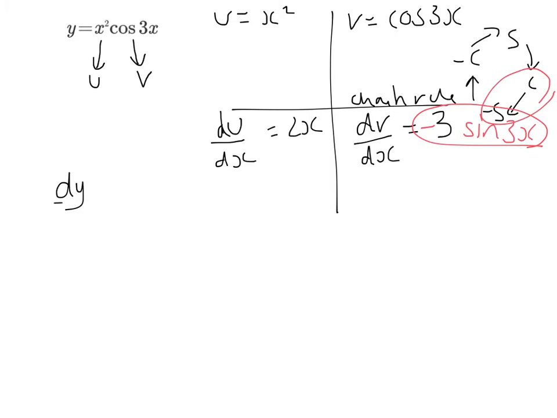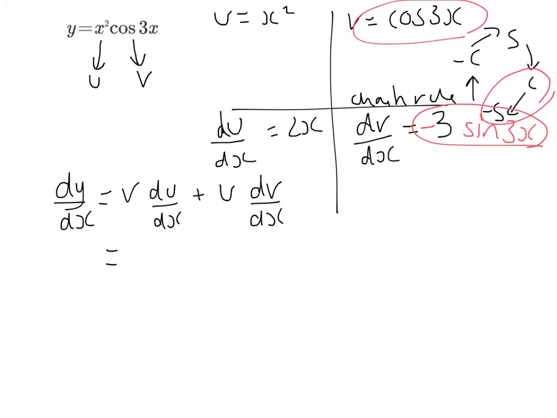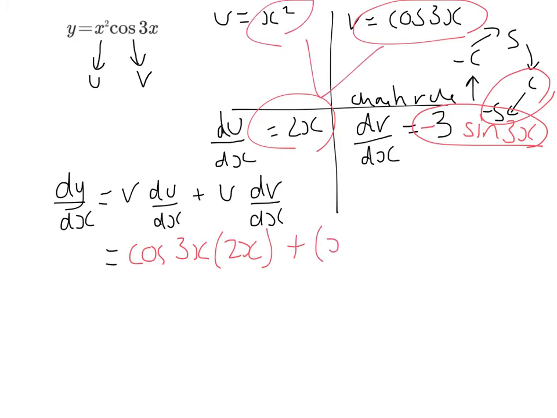So dy by dx equals v du by dx plus u dv by dx. Okay, where's my v? V is cos 3x, du by dx is 2x, plus u, x squared, dv by dx is there, minus 3 sine 3x.